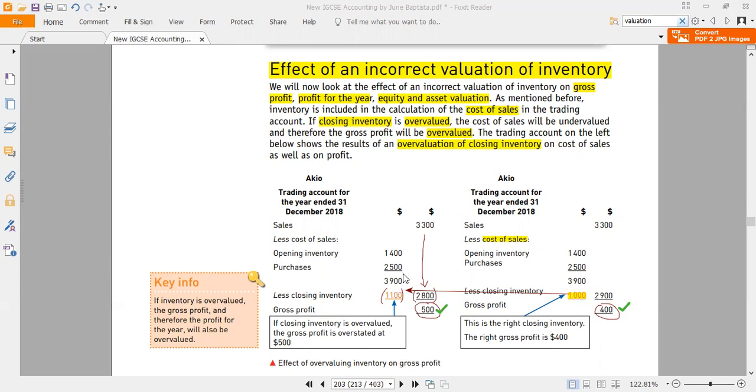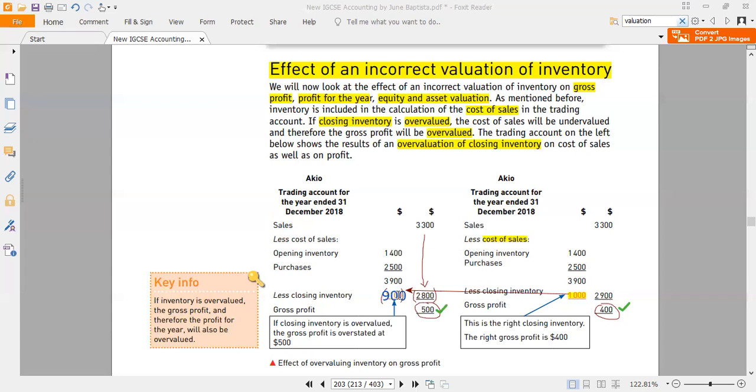How? If you see here, 3900, when you subtract 900, what will happen? I'm supposing that instead of writing 1000, you have written 900.